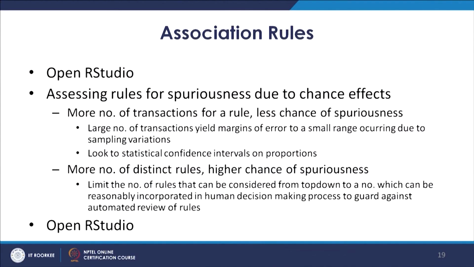If you look at the example that we have just gone through, the support level that we had kept was quite low. If there are more transactions supporting a particular rule, then there is less chance of spuriousness. So, let us say there are 1000 transactions, and 100 or more of them support a particular rule, then there is less chance of spuriousness.